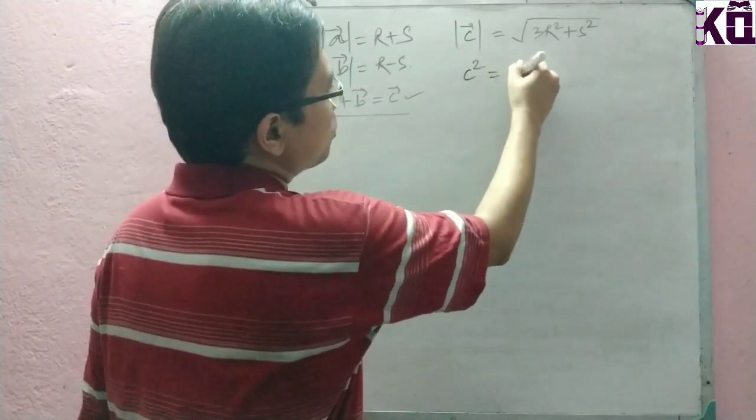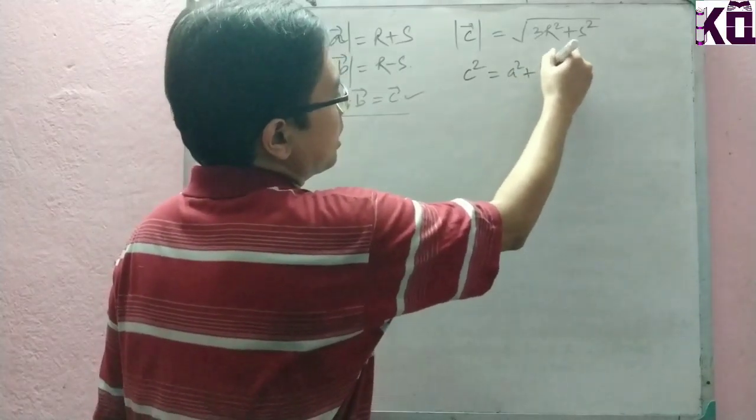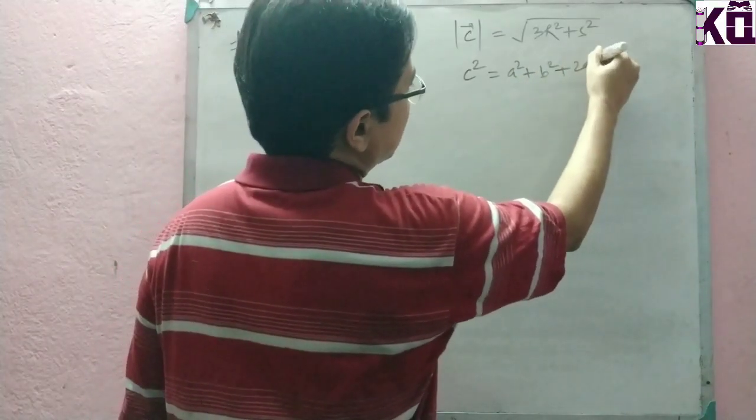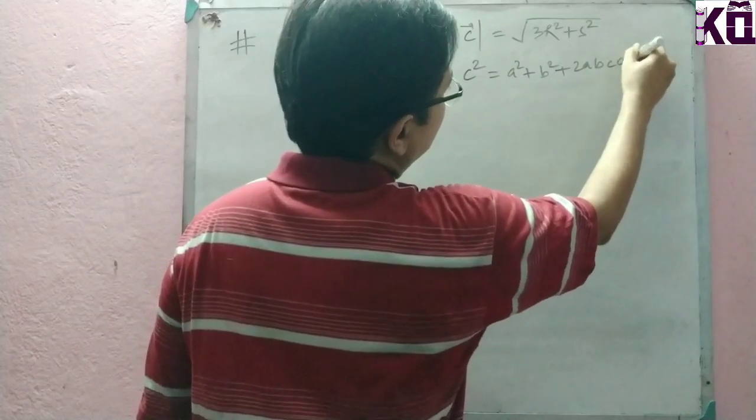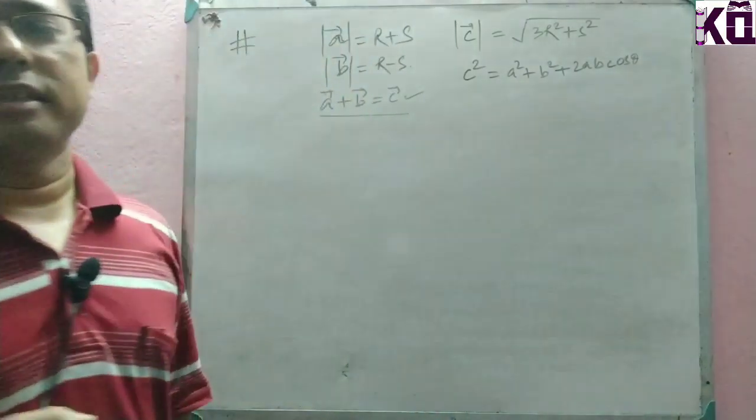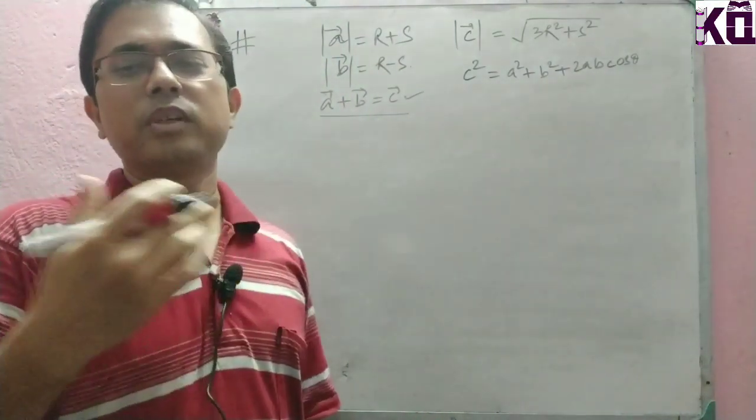c square is equal to a square plus b square plus 2ab cos theta, where theta is the angle between a and b.